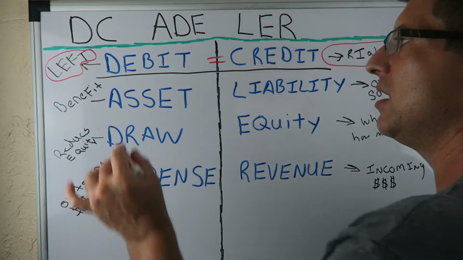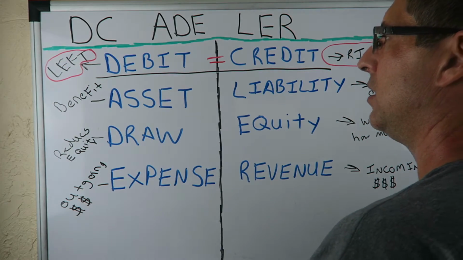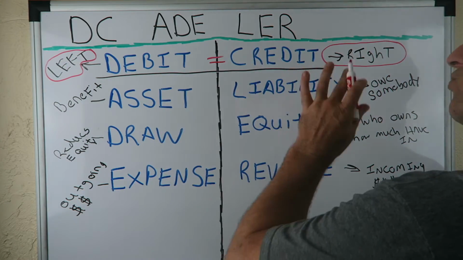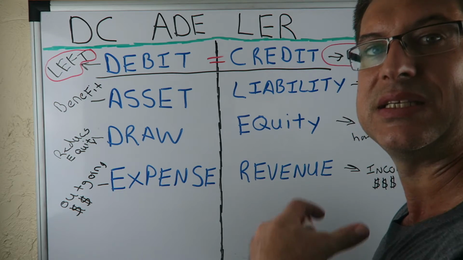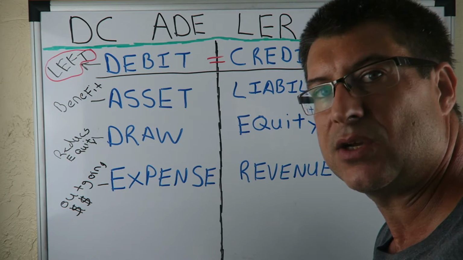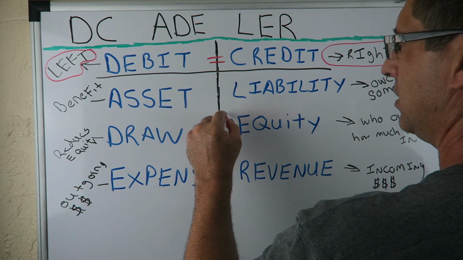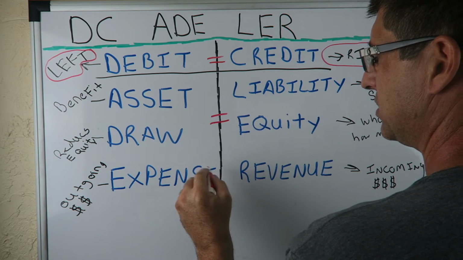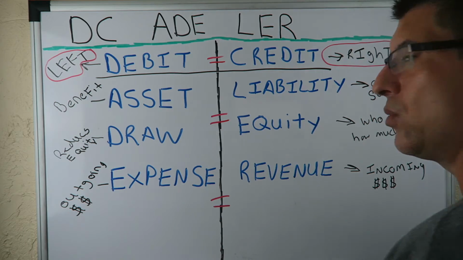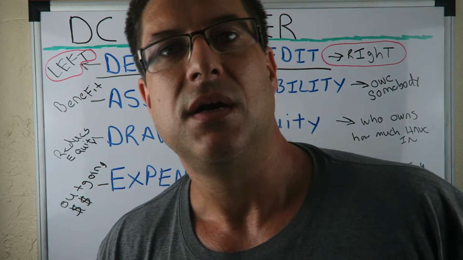And what's a debit? Left side. And what's a credit? Right side. So they always equal each other. Debits always equal credits.